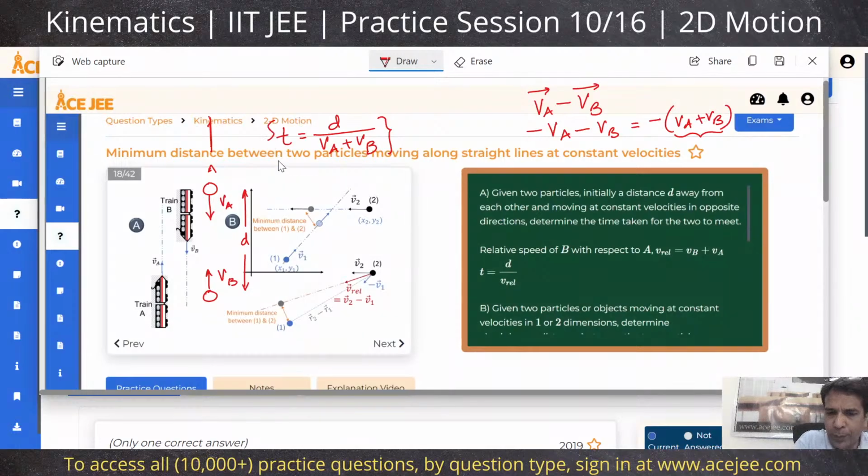Now, if you were to approach it from the reference of the ground, let's say the observer is standing on the platform, right? This is where the observer is. Then the observer will say, oh, actually we meet somewhere over here, right?